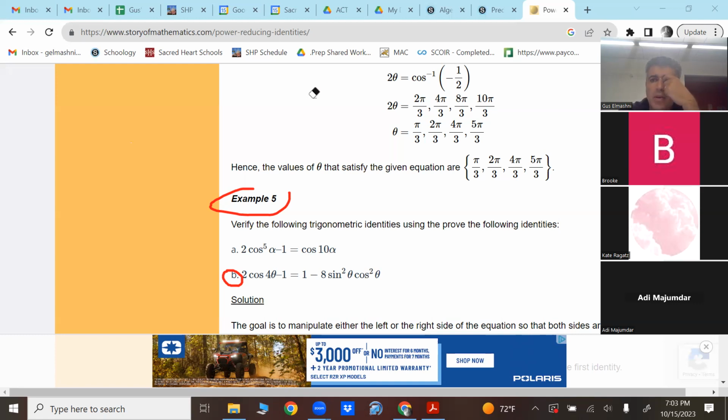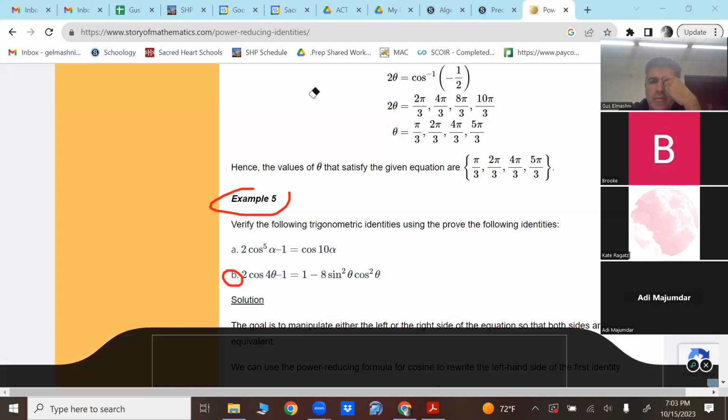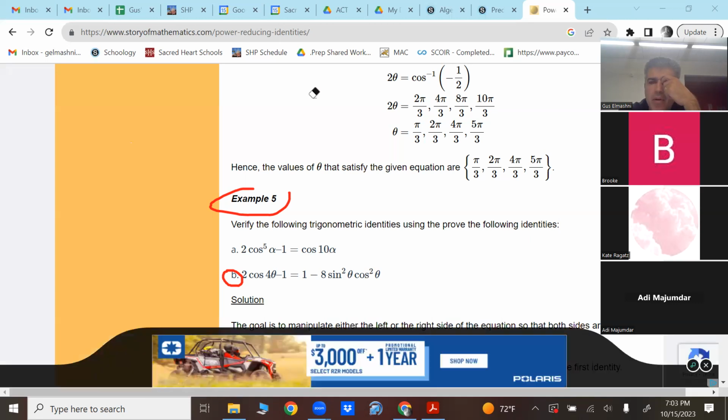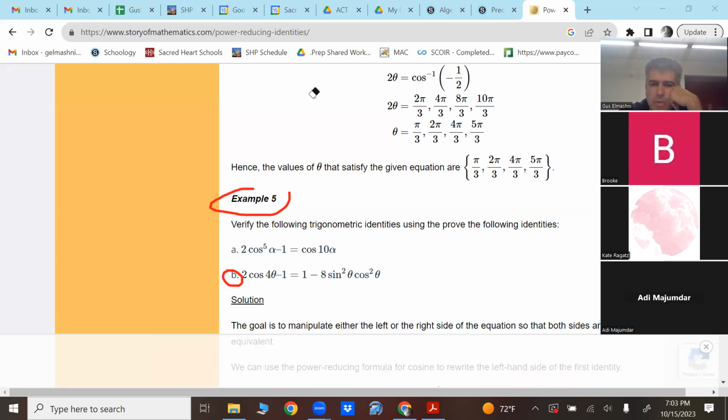But I wonder if we could try doing a power reducing form on the right side. But yeah, if you did 2 times cosine, is that how you start, Kate? Is that how you got started?